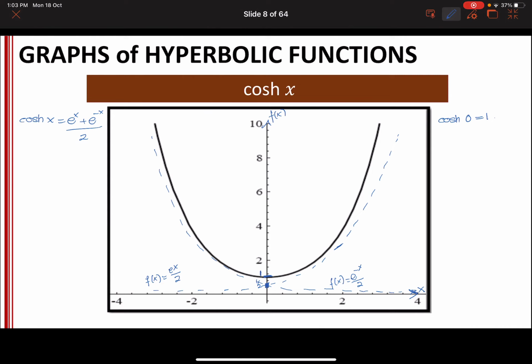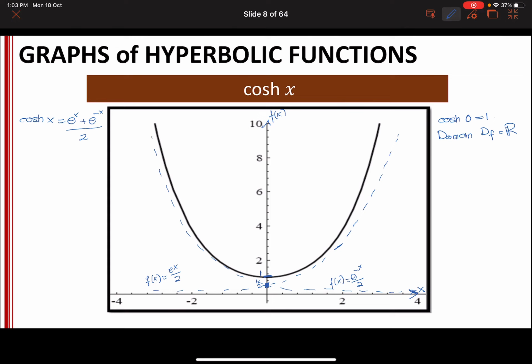So what is the domain? The domain D_f is the whole real number, because the value of x can be from negative infinity to infinity.